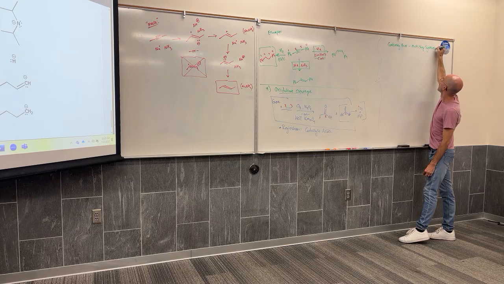Radical halogenation is actually a substitution reaction. These are new reactions that are basically just review of what we've seen, and they're going to set us up for more multi-step synthesis when we start learning more about elimination and substitution reactions.